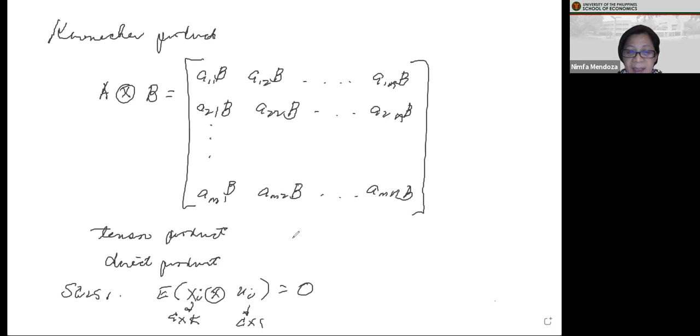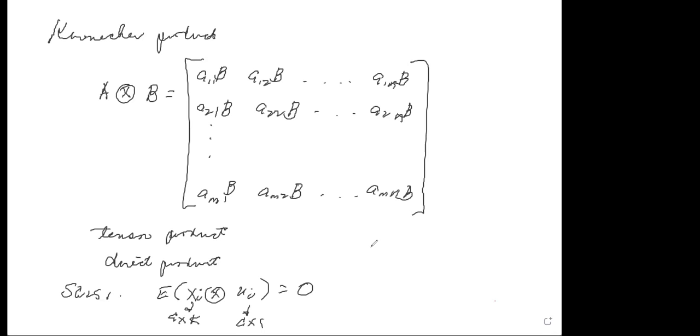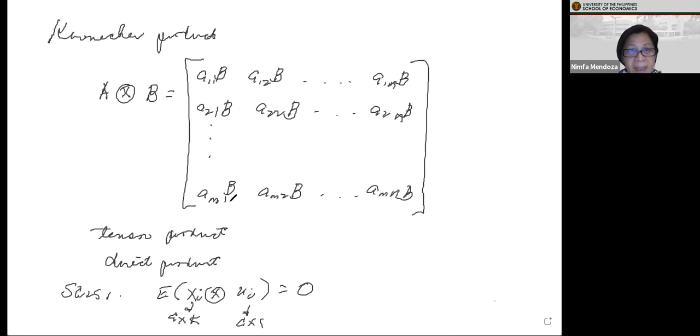Ma'am, this product consists of a matrix that contains M times N G by 1 matrices, is that right?